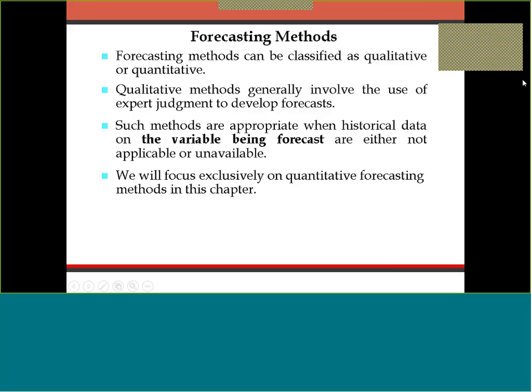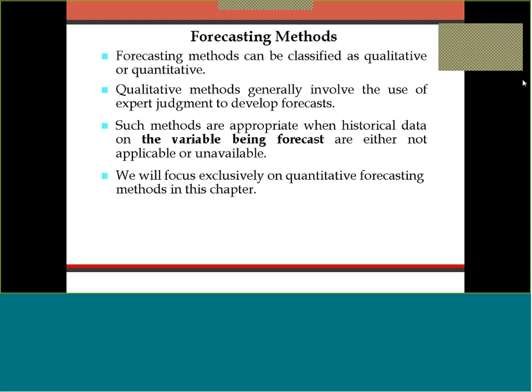Qualitative methods generally involve the use of expert judgment to develop forecasts. Such methods are appropriate when historical data on the variable being forecast are either not applicable or not available.